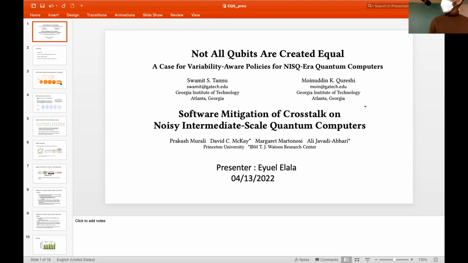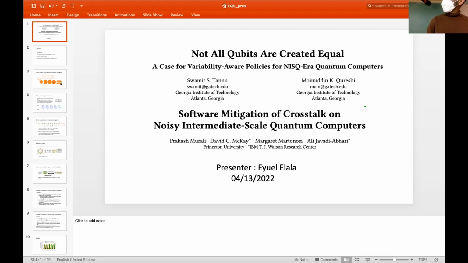Today I would like to mainly focus on the engineering aspect of quantum computing. It's more like just making these quantum algorithms work on actual devices.